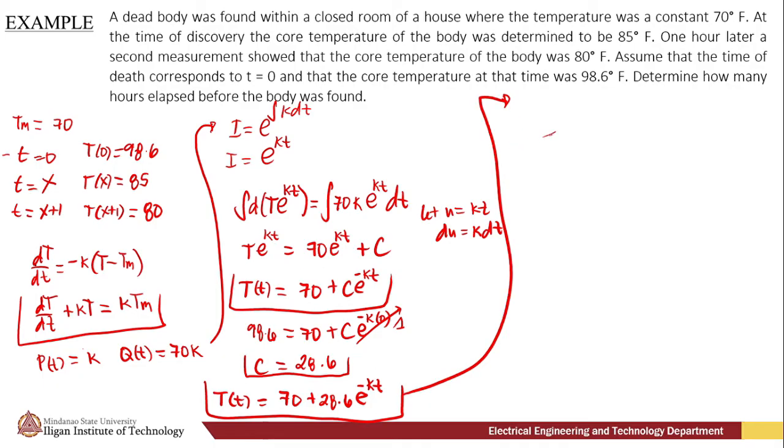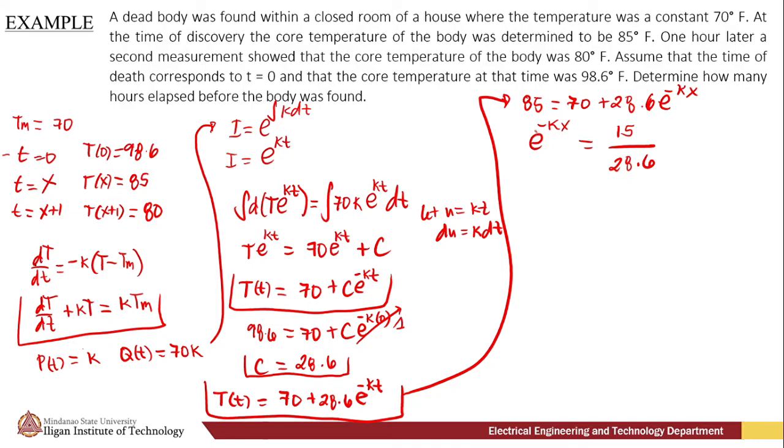We are going to apply t equals x, the time of the discovery. At the time of the discovery, the temperature of the body is 85 degrees Fahrenheit, which is equal to 70 plus 28.6 e raised to negative kx. Simplifying this, we have e raised to negative kx equals 85 minus 70, which is 15, divided by 28.6.